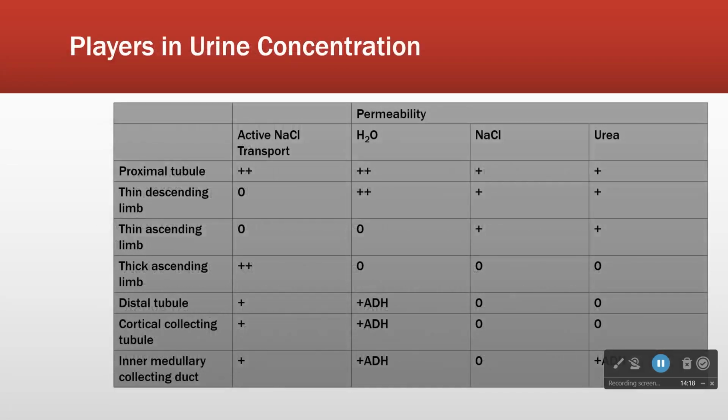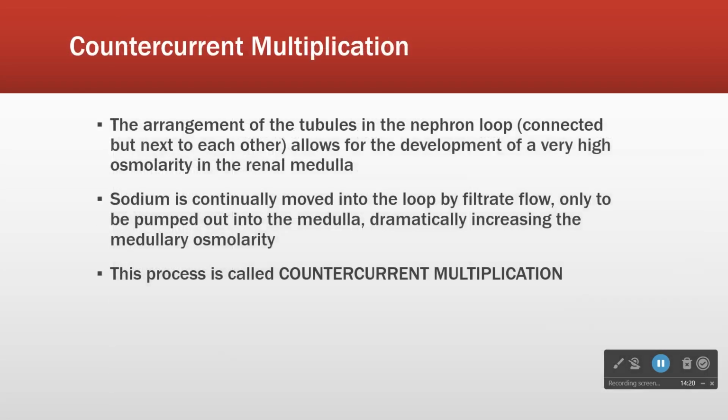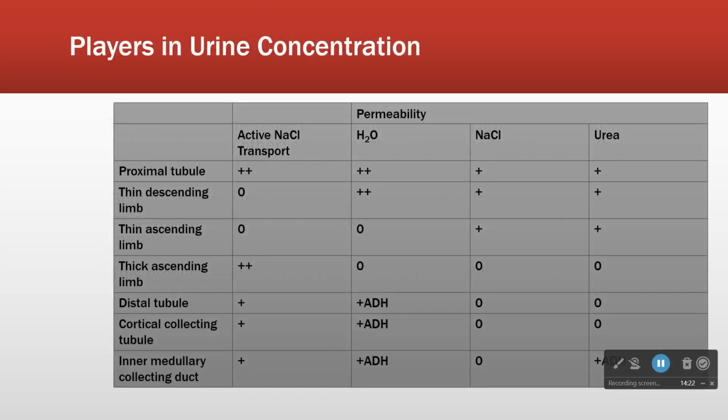I like to look at this in pictures and in a chart instead, so we're going to come back to that. If we look down, this is moving through the nephron, and this is comparing active sodium transport, water permeability, salt permeability, and urea permeability. We can see the proximal tubule, where we have all our obligate reabsorption, is permeable to everything across the board, so all of those things are going to be reabsorbed.